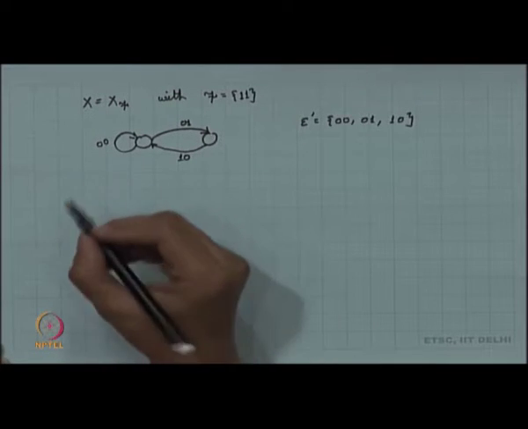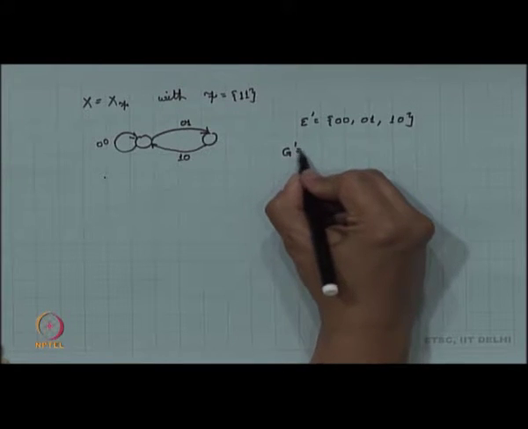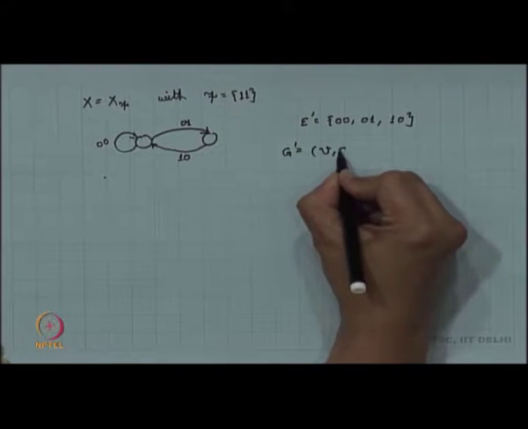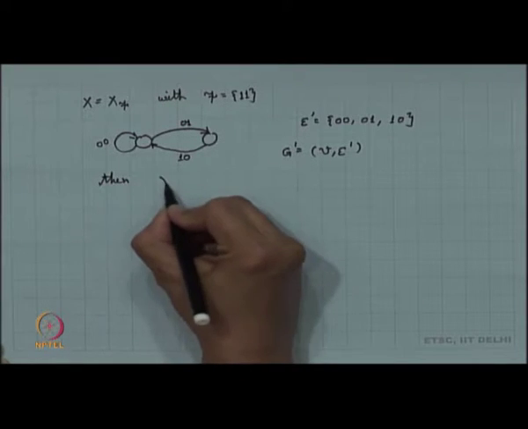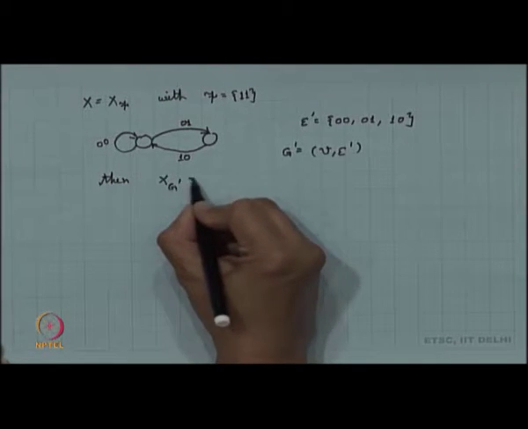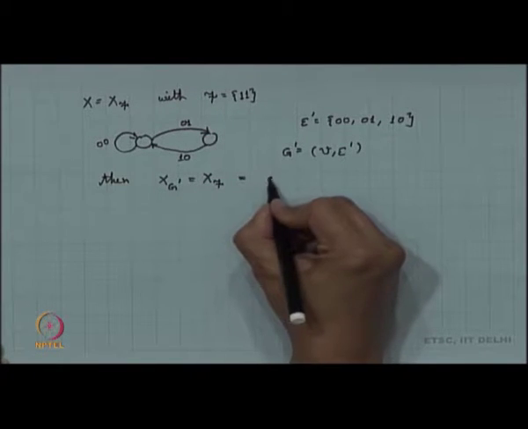So, what we get here is that supposing now my G' happens to be (V, E'), then X_{G'} is the same as X_F, which is basically the golden mean shift.